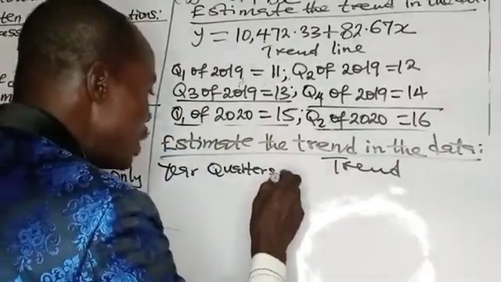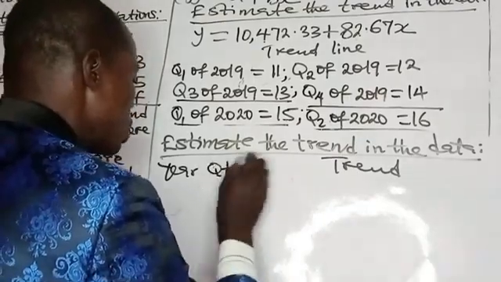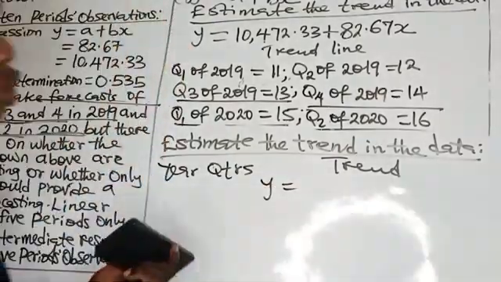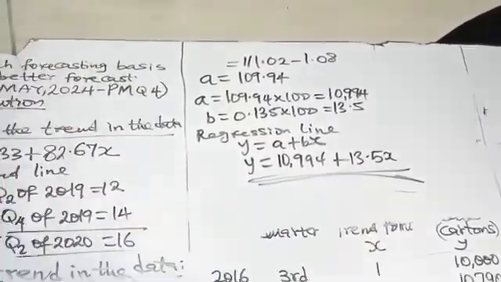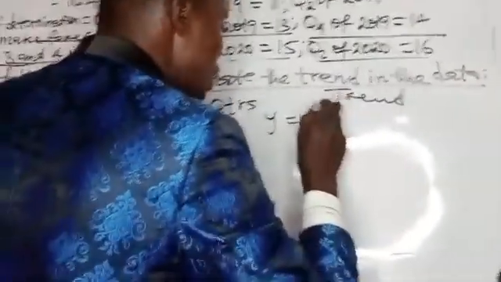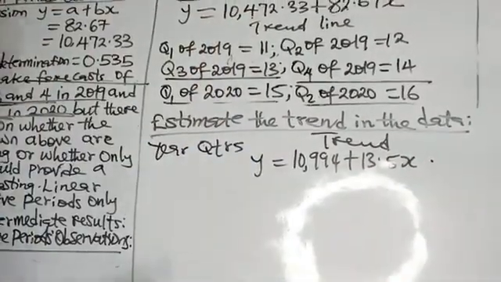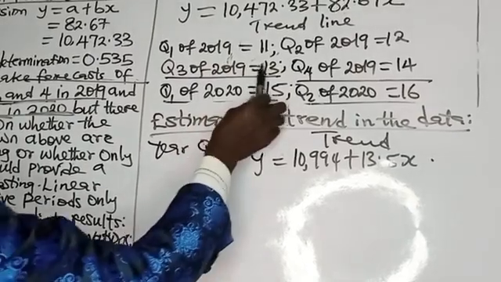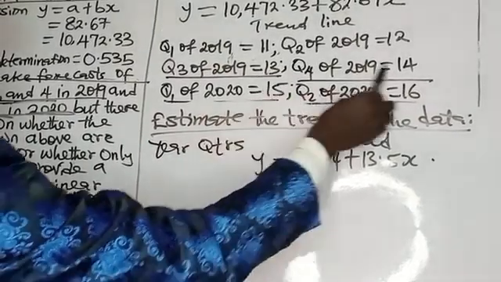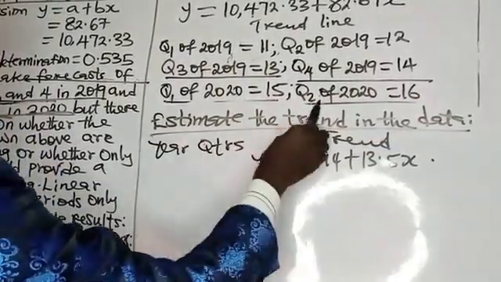The trend line is y equals 10,994 plus 13.5x. You want to estimate the sales for quarter 3 and quarter 4 of the year 2019, and the first quarter and second quarter in the year 2020.